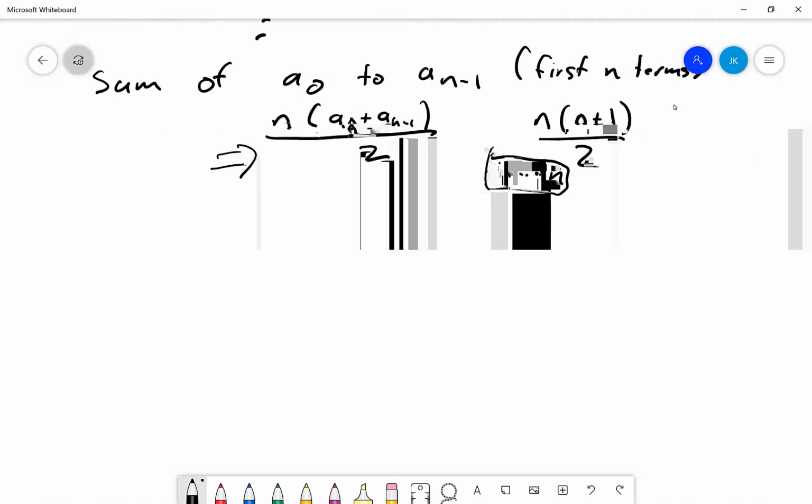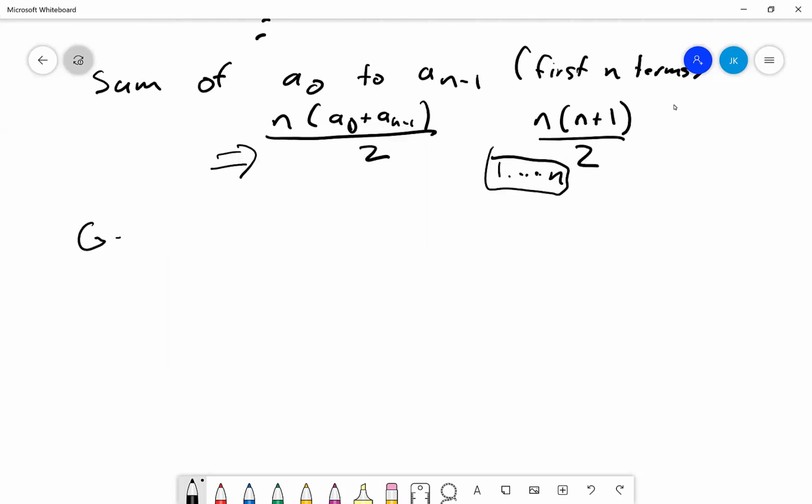So the other type of sequence that you have besides an arithmetic sequence is the geometric sequence. And this is where you have a ratio of one number to the next. So you have a times r to the i, and so a sub i equals this.